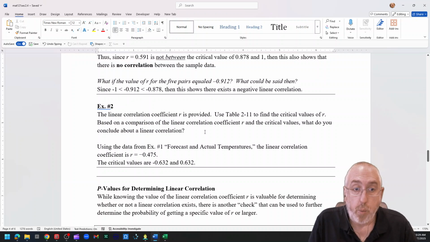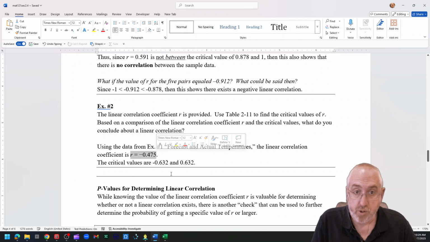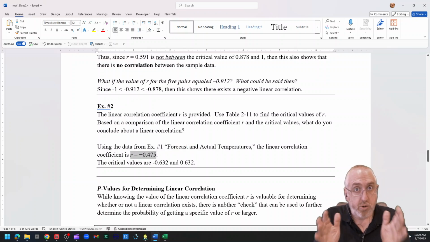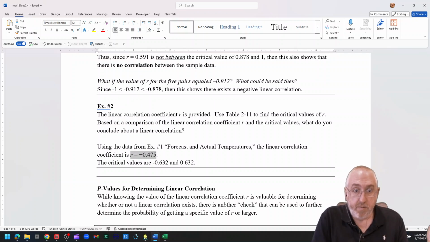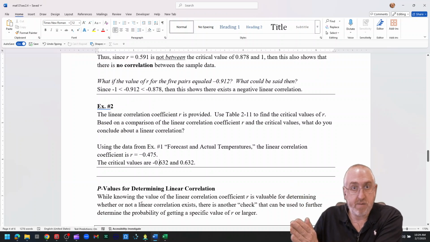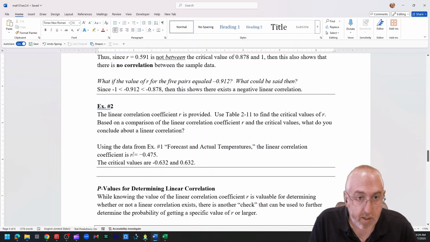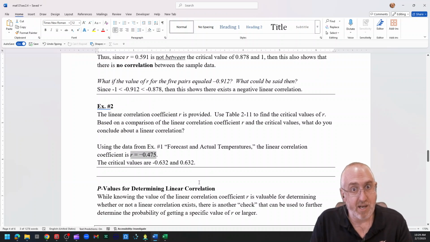And now we have to compare our R value to those critical values. So remember, those critical values form your three buckets. -1 to the first negative critical value, and then you have between the two critical values, and then you have the positive side. And if we look, we can see that this R value is between those two. And remember what we said, if it's between, then that means there's no correlation.